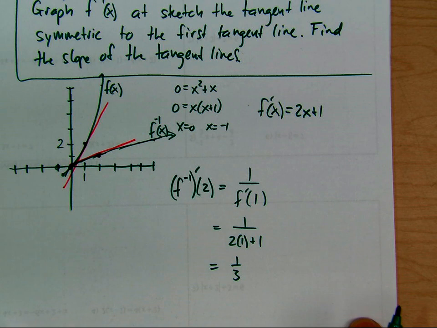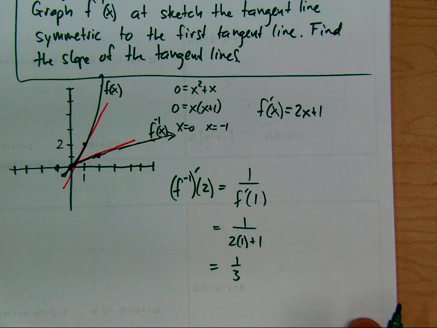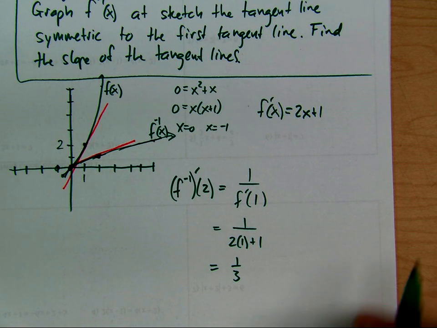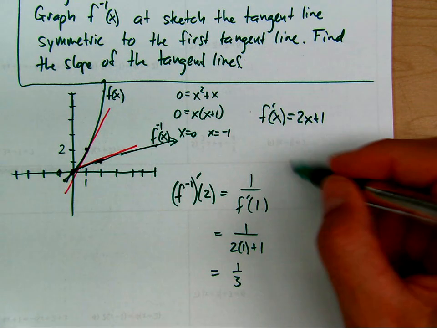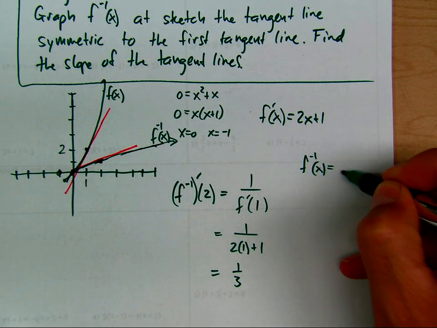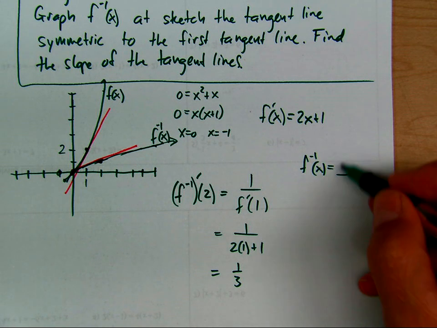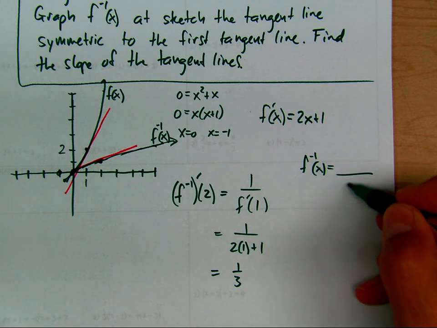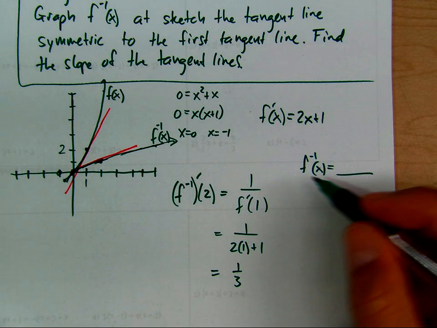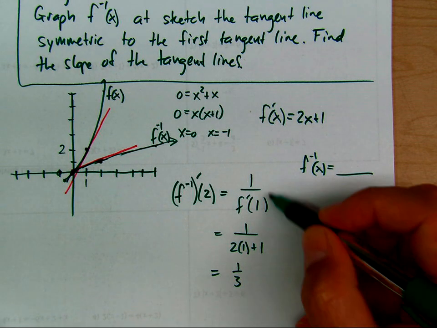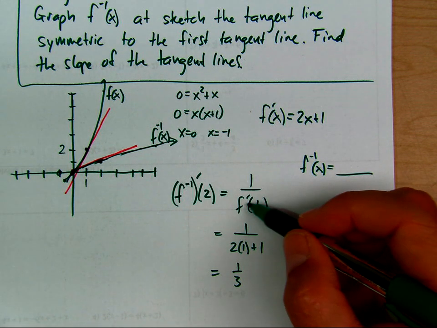All right, and we didn't have to find the inverse function, and we didn't have to find the derivative of it. We didn't have to find what this equals, and since we don't know that, we couldn't find the derivative of the inverse. Instead, we find the value of the derivative by using the reciprocal of the derivative of the function.